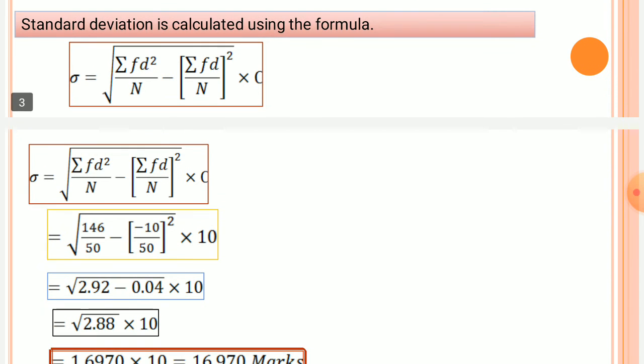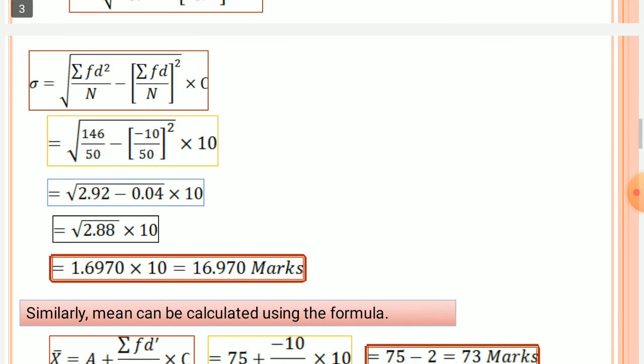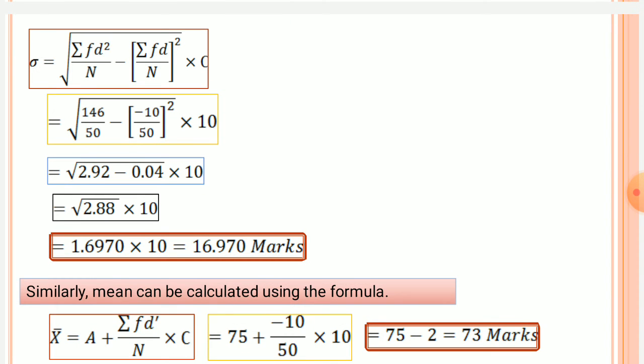Now root of sigma fd square by n minus sigma fd by n whole square, into c. Root of 146 by 50 minus 10 by 50 whole square, into 10. Root of 2.92 minus 0.04, into 10. Root of 2.88 into 10.